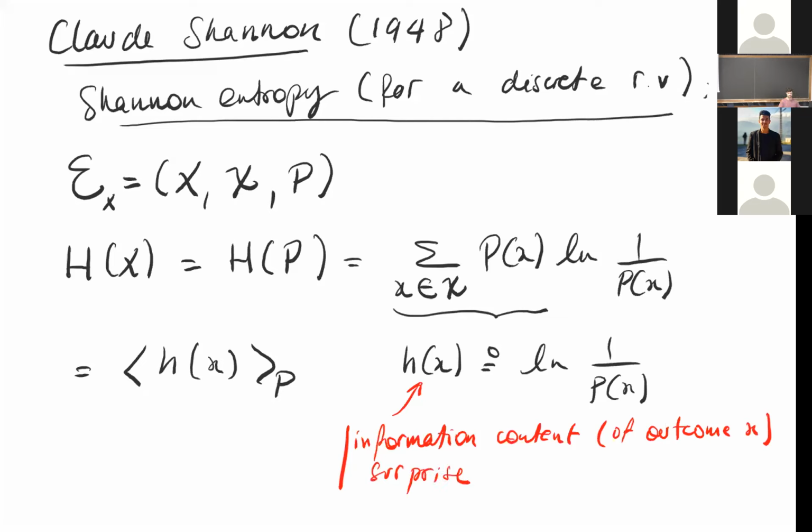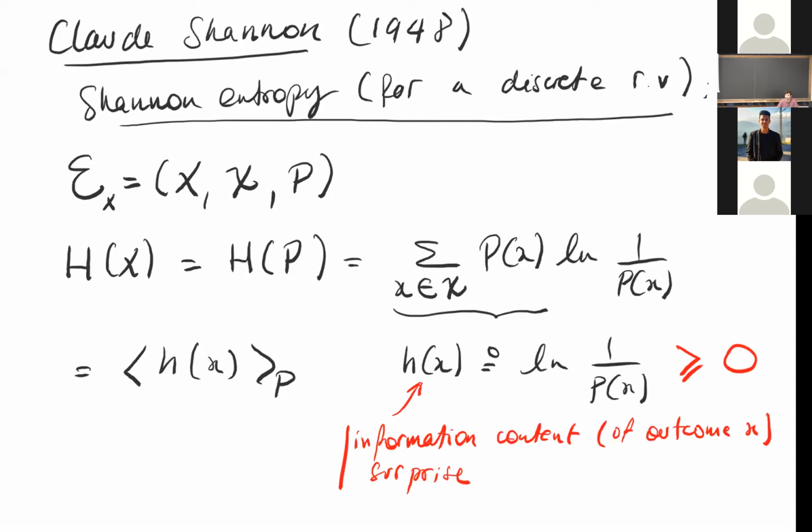So let's try to understand why Shannon gave these names to this quantity. Actually, the interpretation is very close to what we already said with these factors. So first notice that this h of x is always non-negative. Because in the discrete case, the probability of x is a number between 0 and 1.